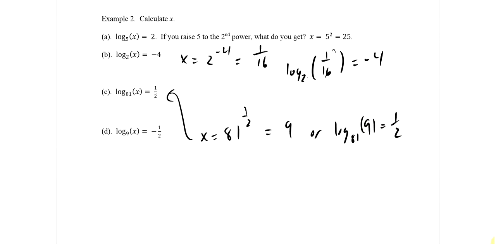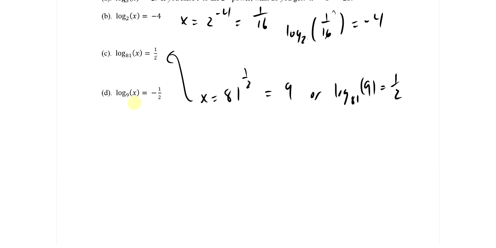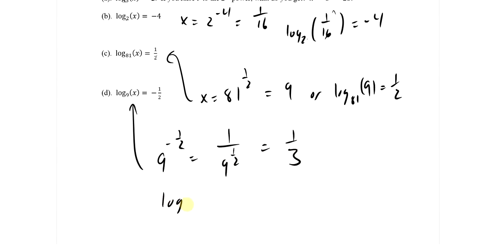And then finally, again, log base 9 of x equals minus 1/2. Well, if you raise 9 to this power, what do you get? 9 to the minus 1/2. Well, that's 1 over 9 to the 1/2, which is 1/3, because the square root of 9 is 3. So log base 9 of 1/3 equals minus 1/2.